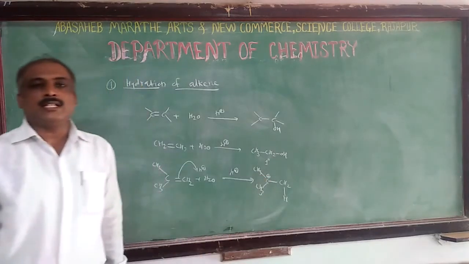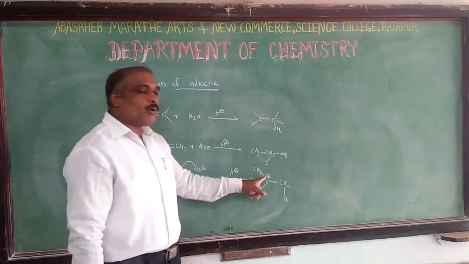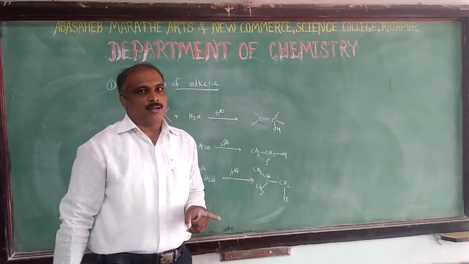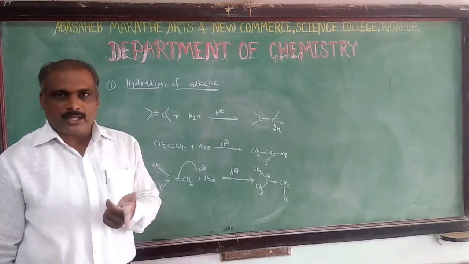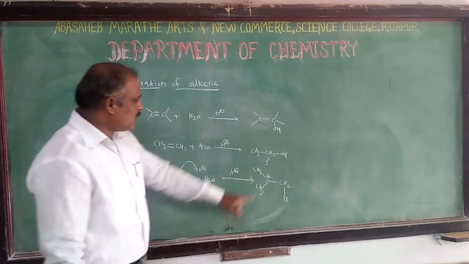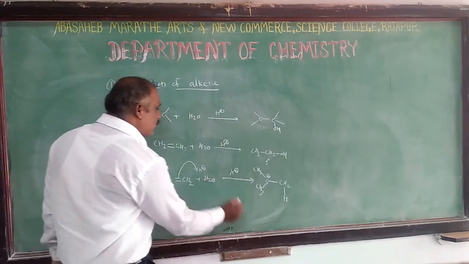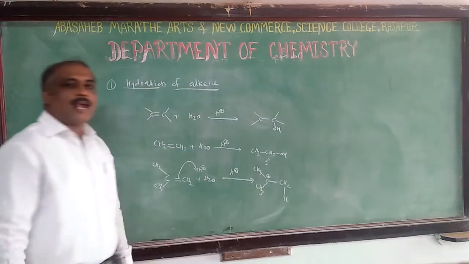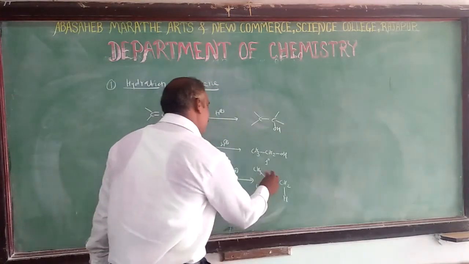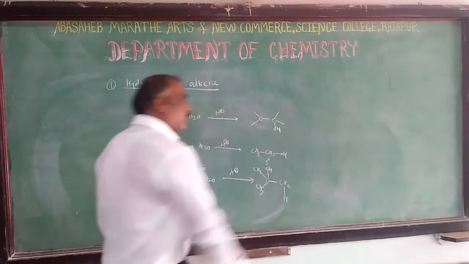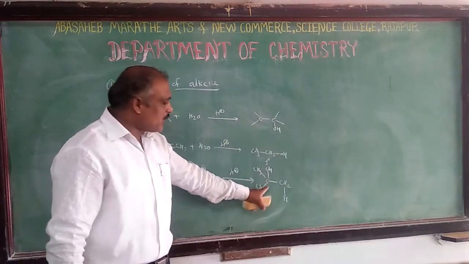This carbocation is a tertiary carbocation, and you know that tertiary carbocations are more stable than secondary, and secondary are more stable than primary. Hence the tertiary carbocation is more stable, and therefore the water molecule attacks this carbon, and we get an alcohol as the product. Which type of alcohol? It is a tertiary alcohol.